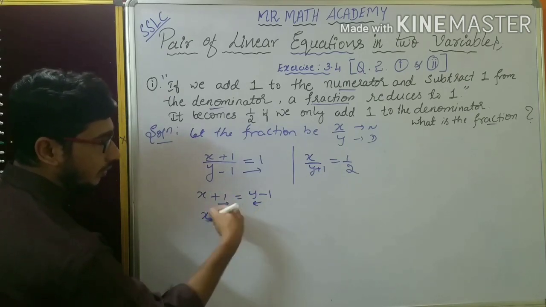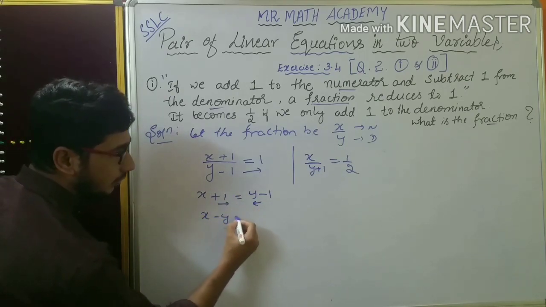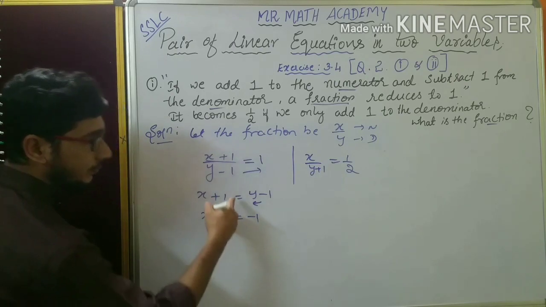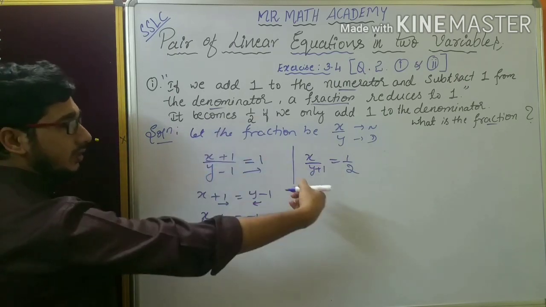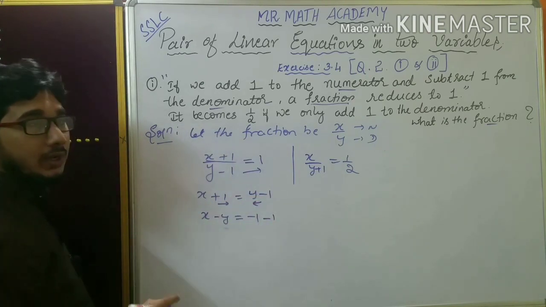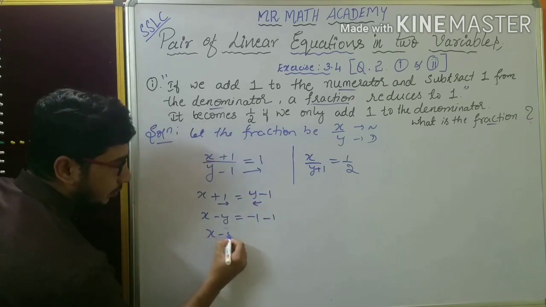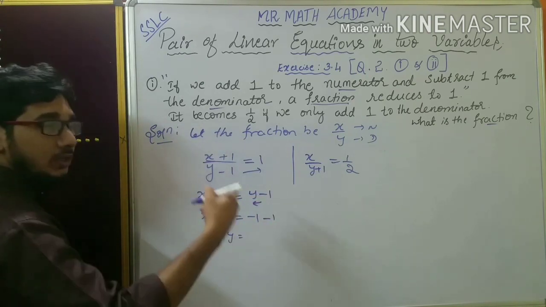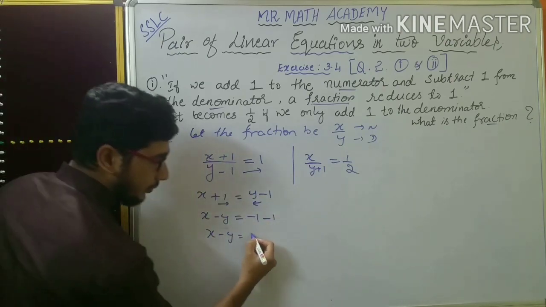So x minus y is equal to, minus 1 there only. This plus 1 will go to the RHS, the sign will change, it will become minus. x minus y is equal to minus 1 minus 1, totally minus 2.